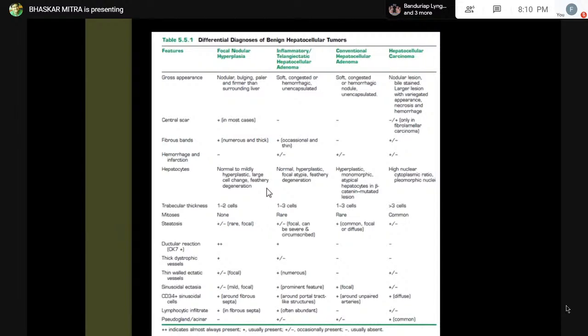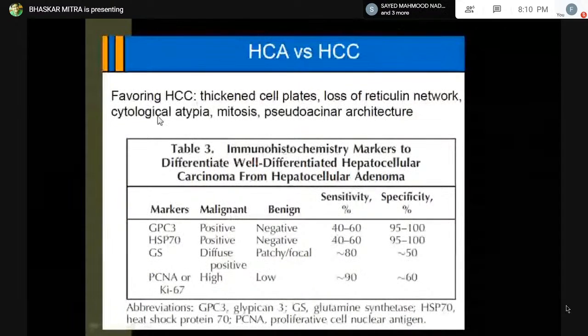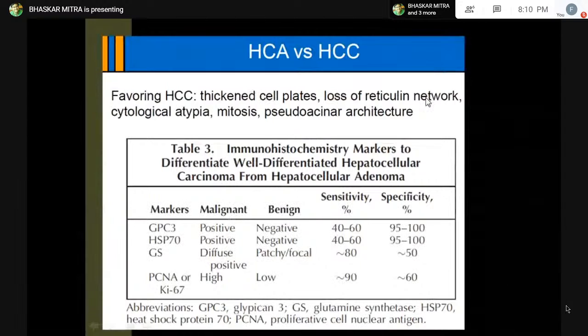Now the characteristic findings to differentiate hepatocellular adenomas from hepatocellular carcinomas. Hepatocellular carcinoma shows thickened cell plates and loss of the reticulin network; in hepatocellular adenoma it is only focally disrupted. Cytological atypia and mitosis are more common, and pseudoacinar and pseudoglandular architecture is more commonly seen in hepatocellular carcinomas.